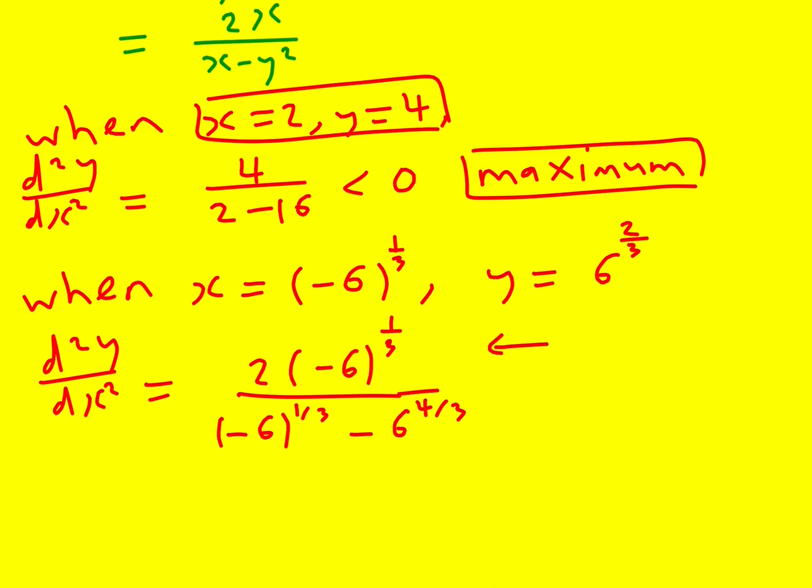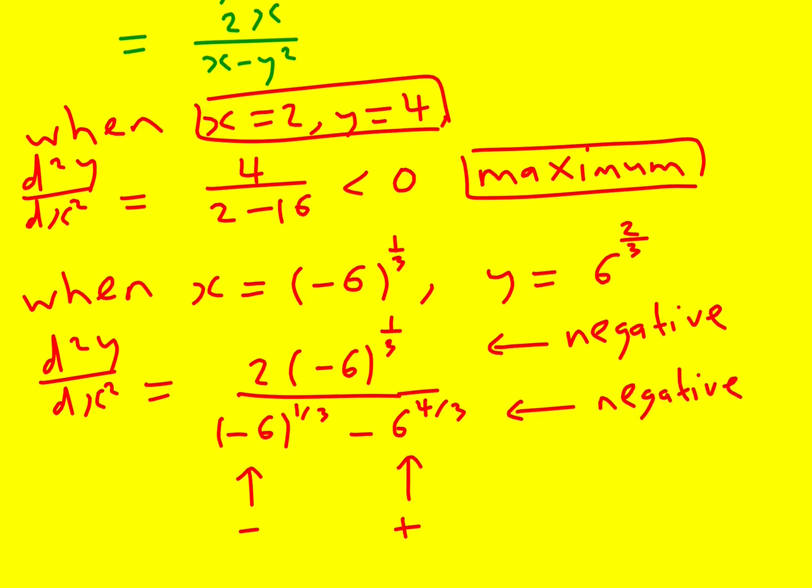Okay, now this thing here is negative. This is negative. I'm just going to put a minus in. This is positive. So negative minus a positive is also negative. So overall, d2y by dx squared is going to be greater than 0 in this case, and it's going to be the minimum.